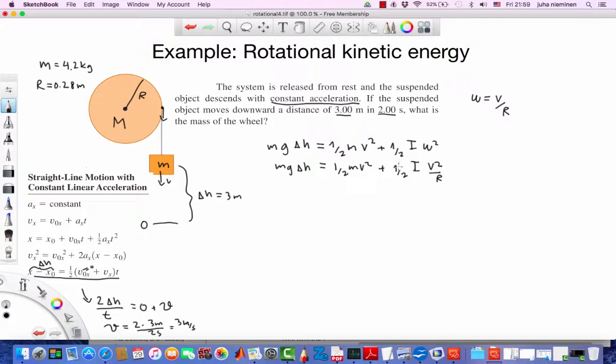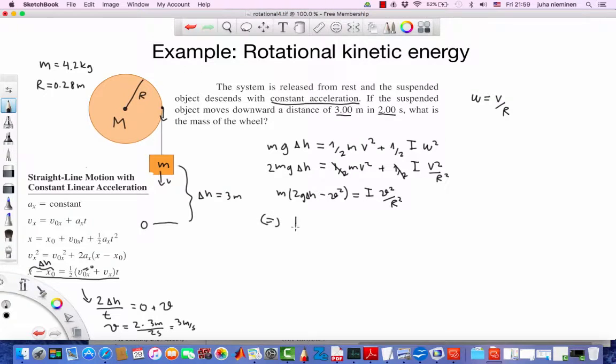Now let's multiply both sides by 2, so we have 2mg here, and we try to isolate the I, so bring that one over there. In that case we get m times 2g delta H minus v squared equals I times v squared over r squared, of course.